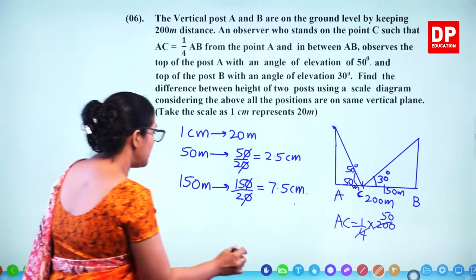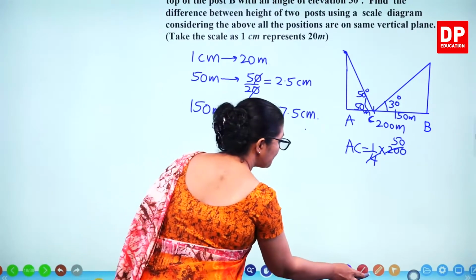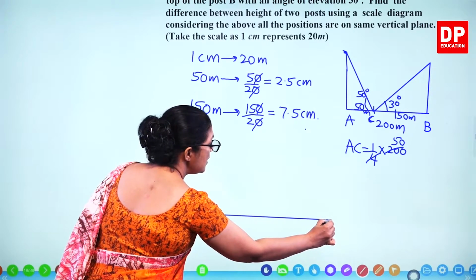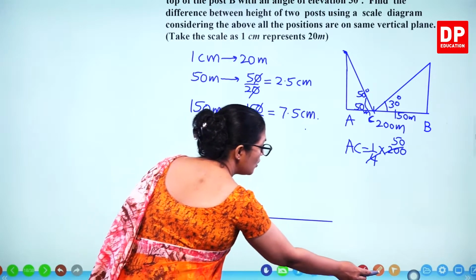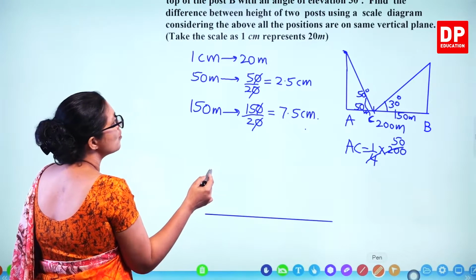Let's do the diagram. So what's the first step we can do? We can draw a line there and we need 200 also. What's 200? That means addition of these two, that's 10.